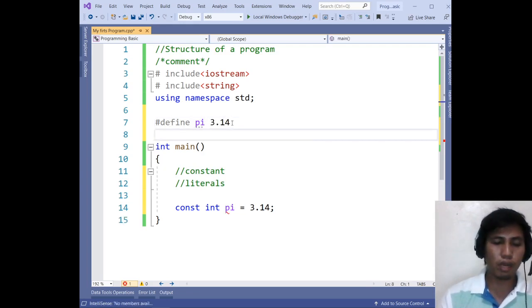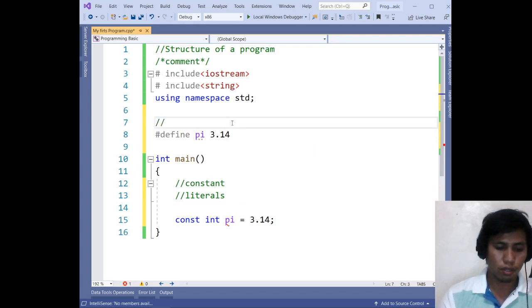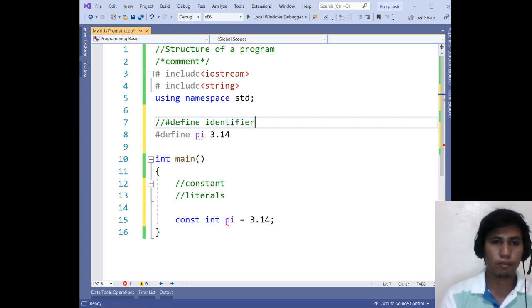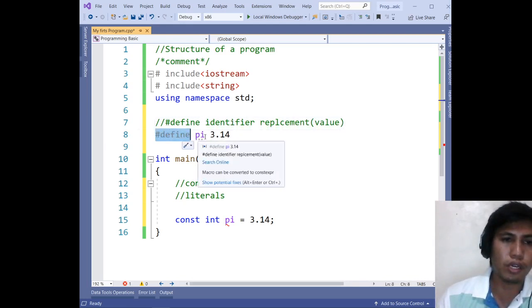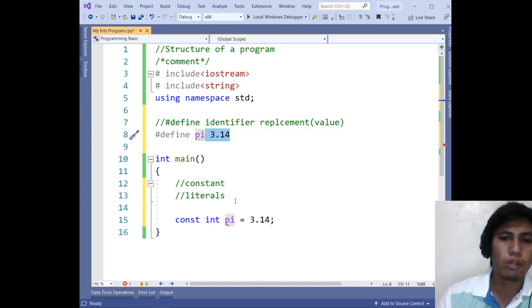So the syntax of that one is the hash symbol, then the define keyword, then the identifier, and then the replacement or the so-called value. So we have the define keyword, the identifier, and the value. That's the other way on how to declare a constant.